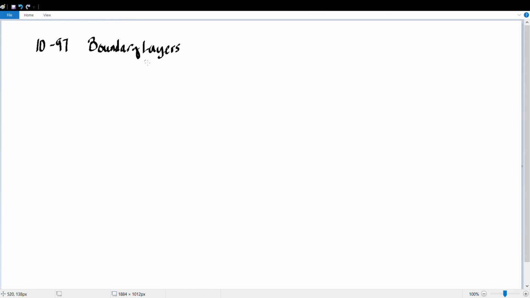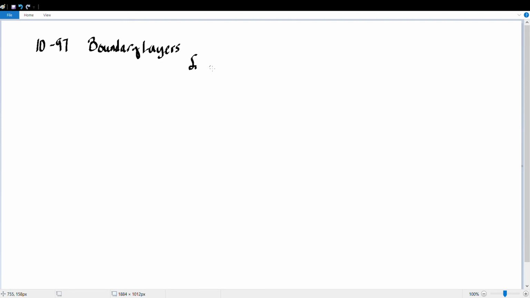Let me read the problem. It says a streamwise velocity component of a steady incompressible laminar flat plate boundary layer of thickness delta is approximated by the simple linear expression. So we have a common delta symbol here.